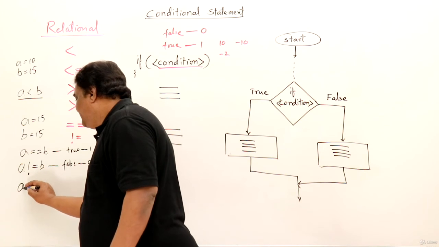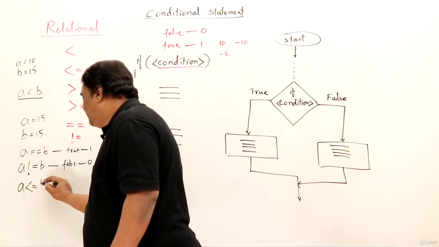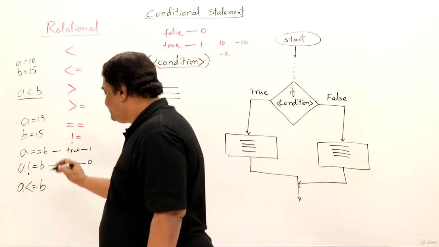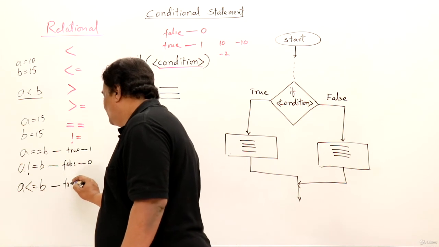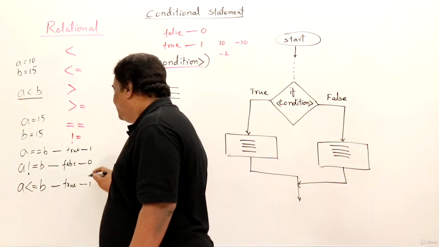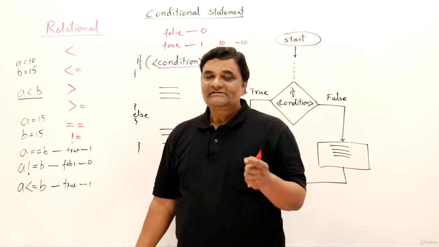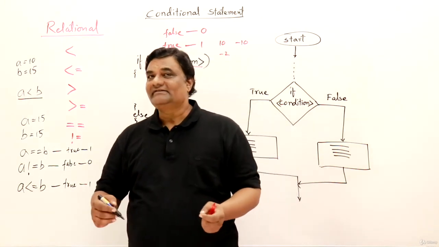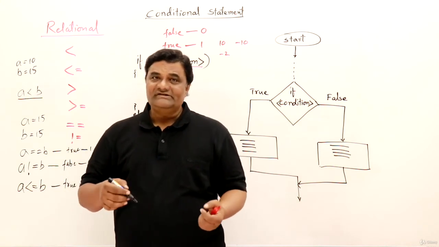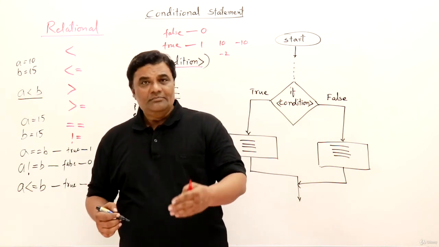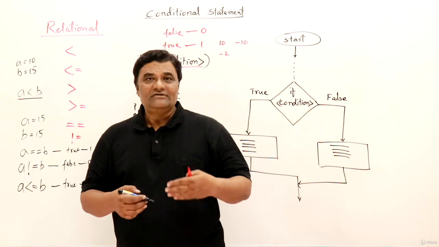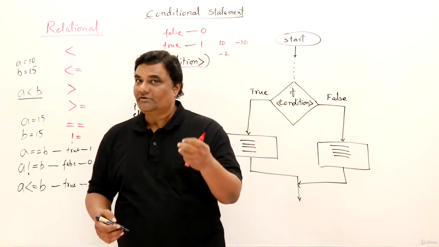If I say A is less than or equal to B, yes, it's not less, but it is equal, so the result is true. This is how it gives the result. So remember the important point: the relational operators give the result either true or false, that is 1 or 0. More about how to use them, we will see in the example programs, and we will learn more about this.